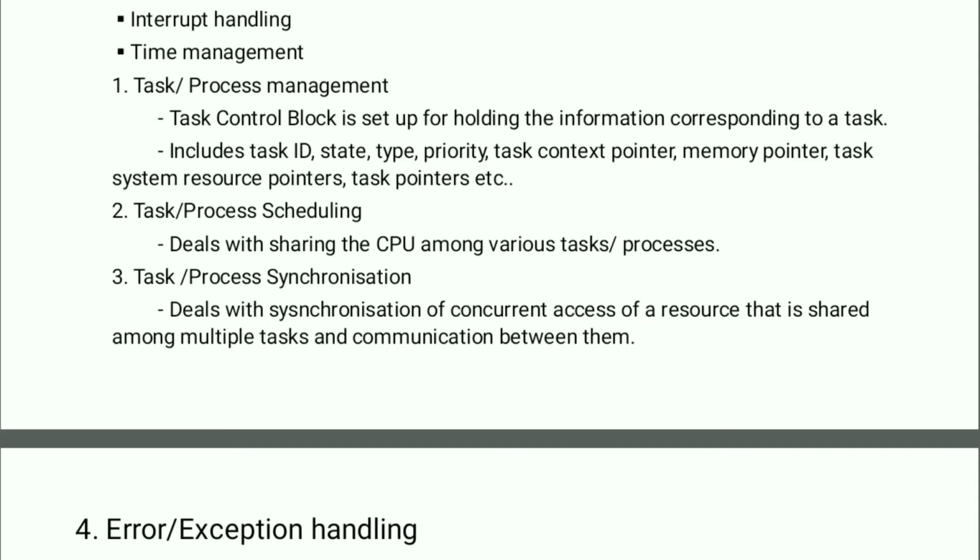Next we have the task priority, which indicates whether the priority is high or low, and we can set it accordingly. It also consists of four types of pointers: the context pointer, the memory pointer, the system resource pointer, and the task pointers. All these are included in a TCB. So this is done by the task or process management.